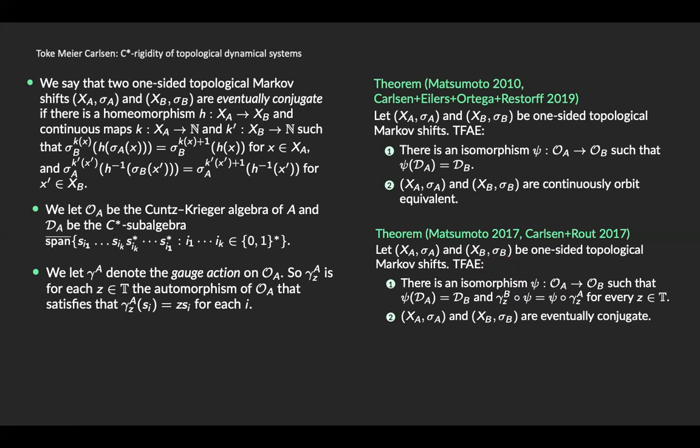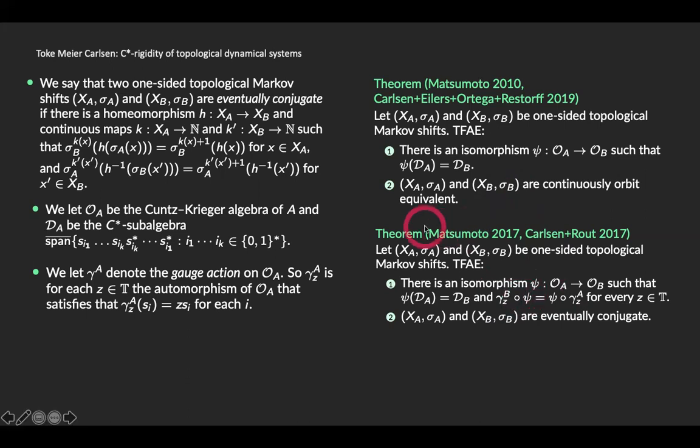One little question. There are these conjectures by Hazrat about the gauge action. How does this relate to that? The sister algebra version of his conjecture. These two results also hold for Leavitt path algebras, but then instead of the gauge action, you talk about the grading.